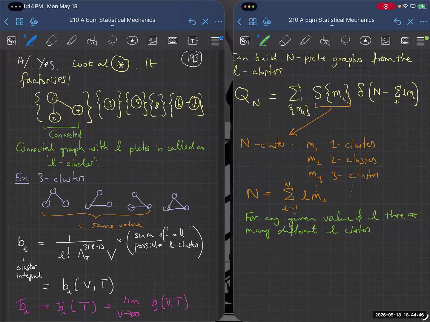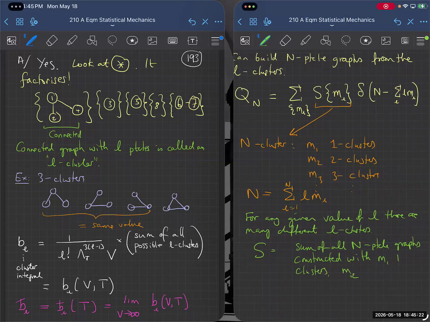And this quantity S is the sum of all n particle graphs constructed with M1 one-clusters, M2 two-clusters, and so on.